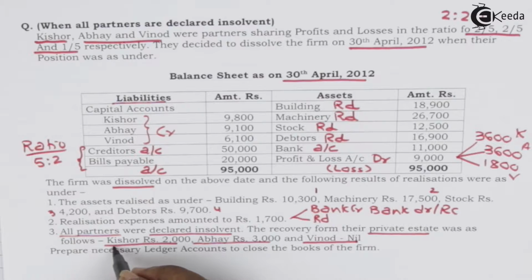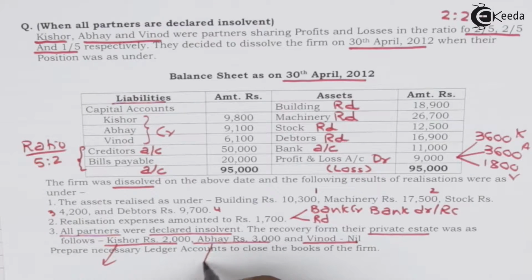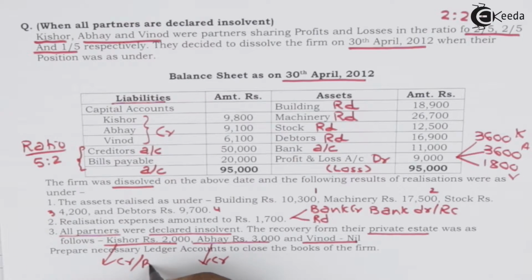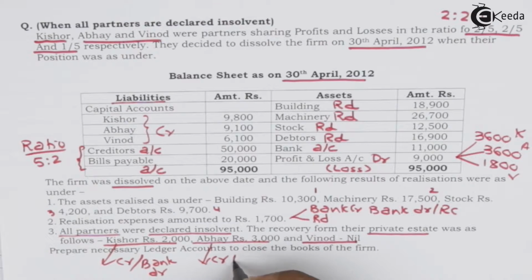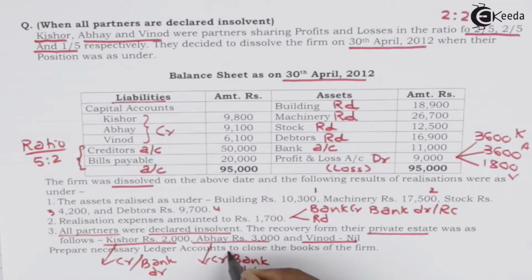So the amount received from Kishore and Abhay will be credited to their respective capital accounts and bank account will be debited for these amounts of 2,000 and 3,000. Prepare necessary ledger accounts to close the books of the firm.